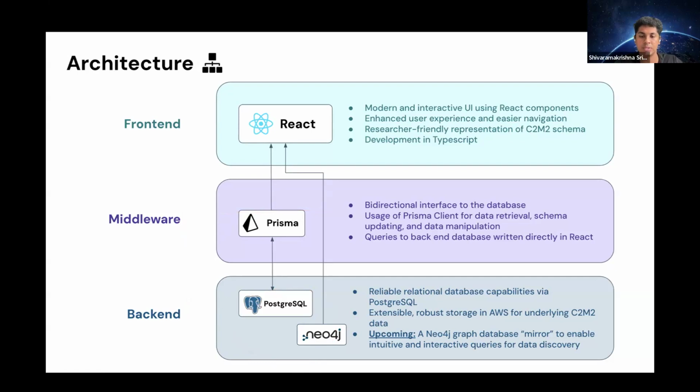This acts as an extensible and robust storage mechanism and service. And we also have a Neo4j graph database that enables an even more intuitive and interactive query system via a graphical query language, which my colleagues Srini Ramachandran and Ethan Sanchez will talk about later in this workshop.